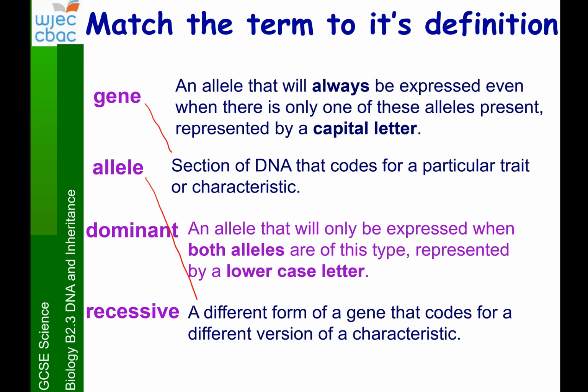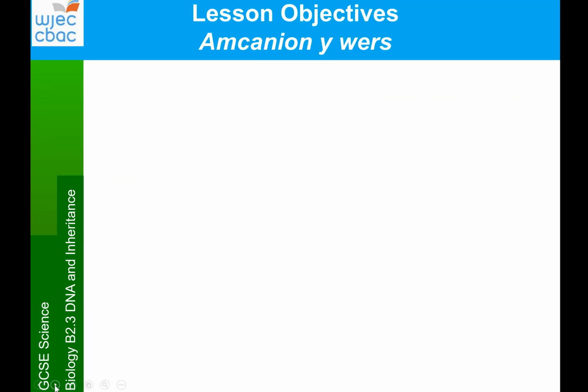Dominant is an allele that is always expressed even if there's only one of these present, because it will dominate the recessive copy. And recessive is an allele that will only be expressed or shown if both alleles are lowercase letters, because if it has a capital, it will be dominated by the dominant one. So they're just four of the terms. You've got to see if you can match up the terms on page 24 for me, please. So pause the video and have a go at doing that.